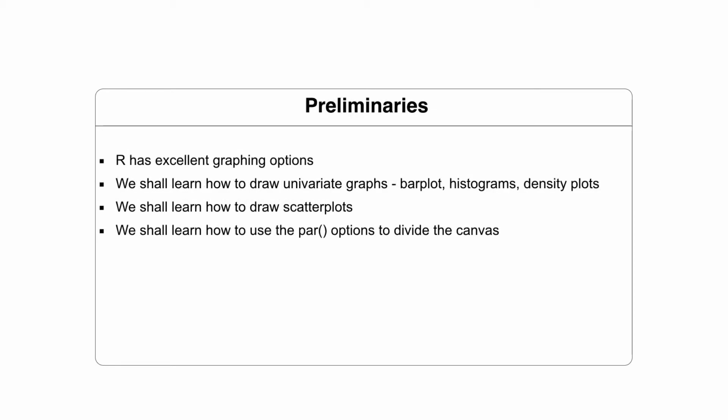To start with, there are four major points that I'd like to highlight. First, R has excellent graphing options. Of the many different statistical programming environments and statistical data analysis software packages that are available in the market, R is quite outstanding because even as the very base package, that is, even if you do not install additional packages like ggplot or lattice, you can still have excellent graphs and really good graphic displays.